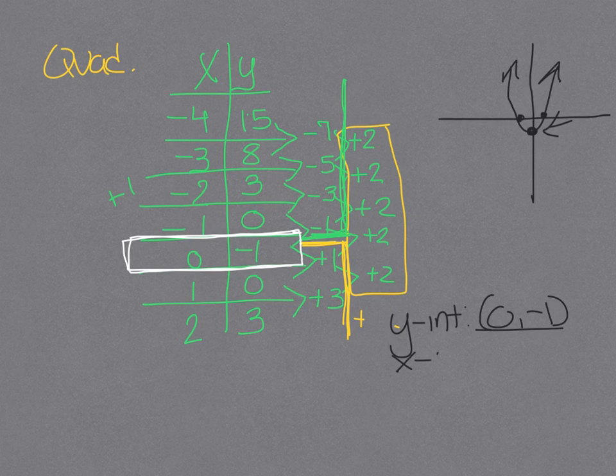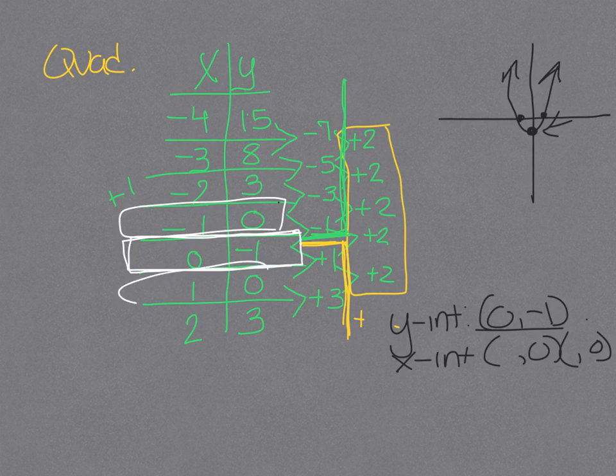X-intercept. We said with x-intercept, you're going to have up to 2, and we know just by sketching that graph, we've got 2 of them, and your y's are always 0 in those, right? So if you look at your table, you have this one and this one.